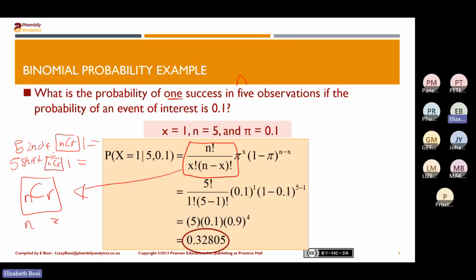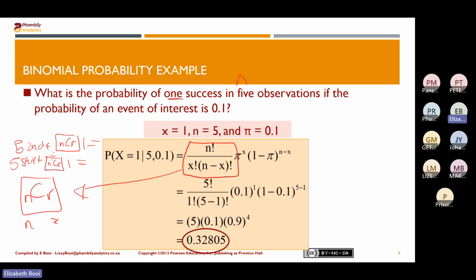The combination gives us 5, because 5 factorial is the same as 5 times 4 times 3 times 2 times 1. 1 factorial is 1, and 5 minus 1 factorial is 4 factorial, which is 4 times 3 times 2 times 1, which will cancel out the first one, and the remainder will be 5. Multiply by 0.1 to the power of 1.